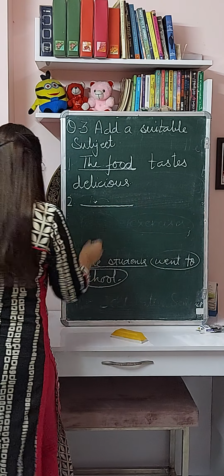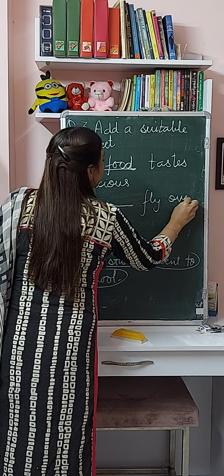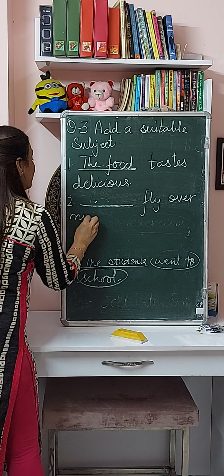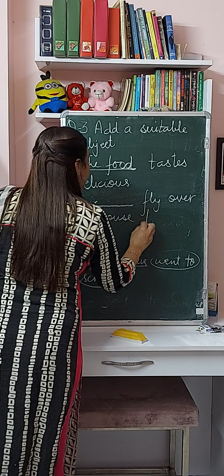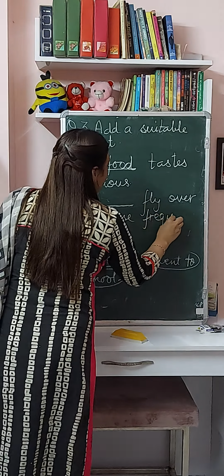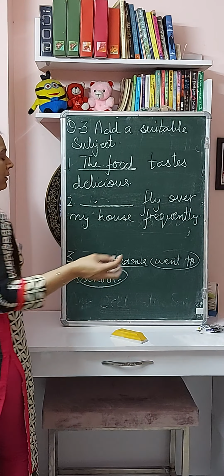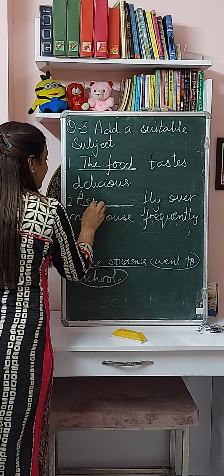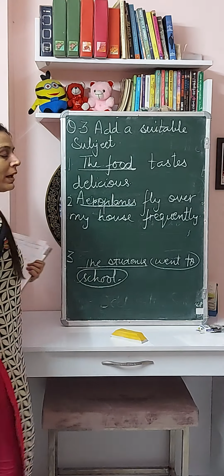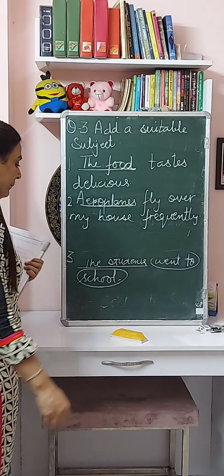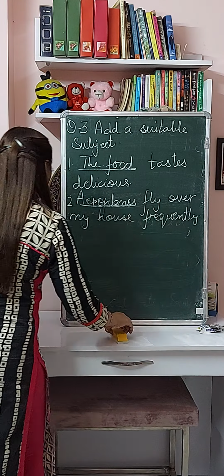Alright. Next, we can pick a sentence. Dash fly over my house frequently. Now what can fly over your house, children? Very simple. Aeroplanes. You can write aeroplanes fly over my house frequently. Alright. Now we can do one more.